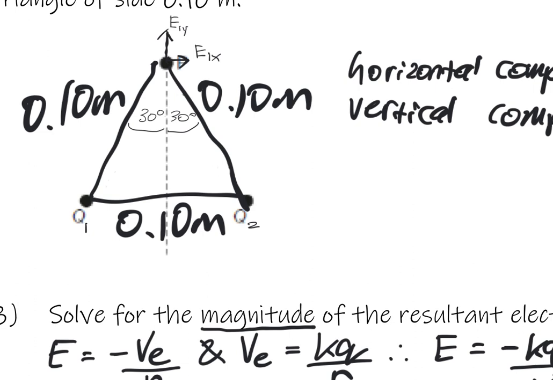Like I said, since the angles are the same and the charge quantities are the same, the x components will cancel each other, because the component from Q1 will point to the right, but the component from Q2 will point to the left. So I'm not concerning myself with the horizontal component, but I am looking at the vertical component.